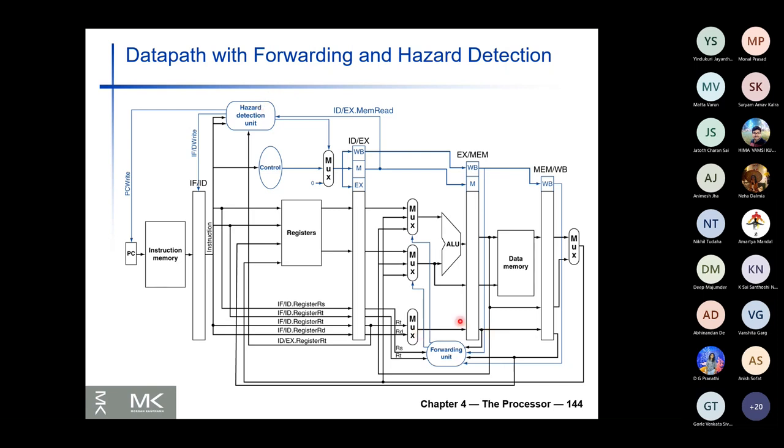So this is the forwarding unit for enabling the data path. This is the detection unit for detecting hazards as well as to implement stalling. So I have tried to give an overall idea of how this can be implemented.